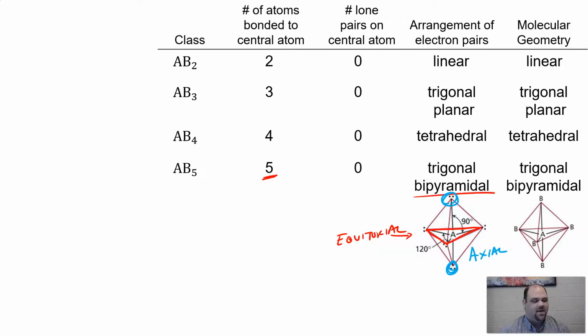Okay. Between the axial and equatorial positions, you see that there's a 90-degree bond angle there. And between these equatorial positions, that's essentially a trigonal planar molecule connected to a linear molecule, right? And so we have that trigonal planar we know is 120 degrees, and then that linear molecule is sort of bisected, and so it's 90 at the bottom and 90 at the top.